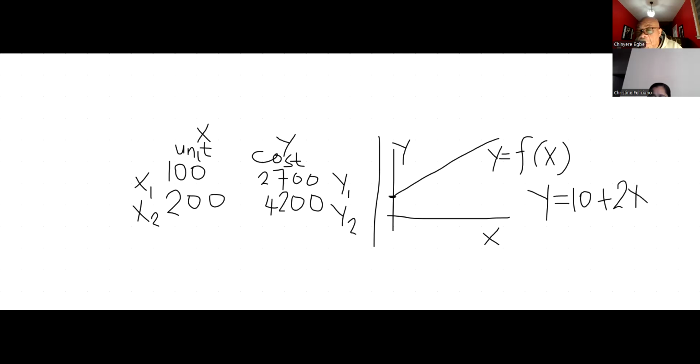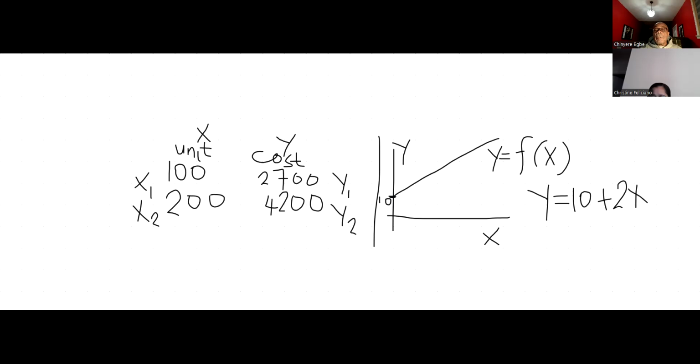Good. So in a linear function, you can see 2 is the rate of change, but you begin from 10 here. This starting point is your 10. Then this slope goes up at the rate of 2 for each additional unit.